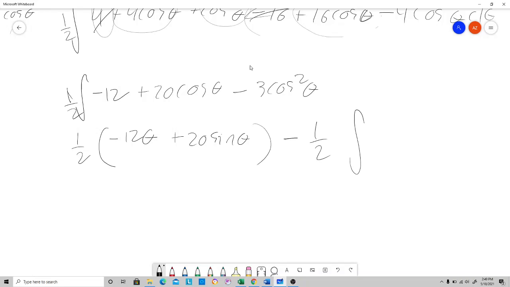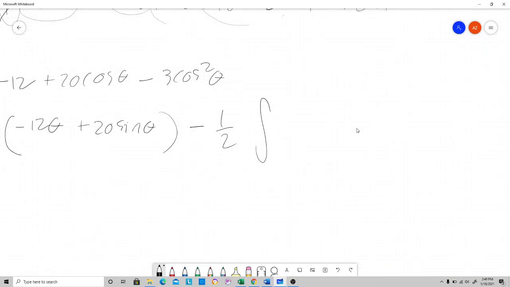Now I'm just gonna do this one individually. I'm gonna take out this 3, so it's gonna be 3/2 cosine squared theta.